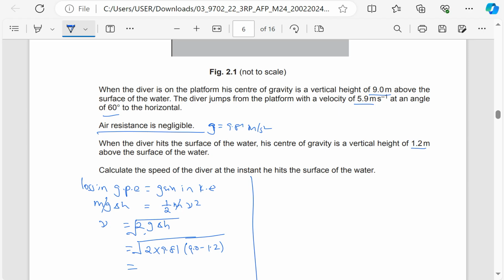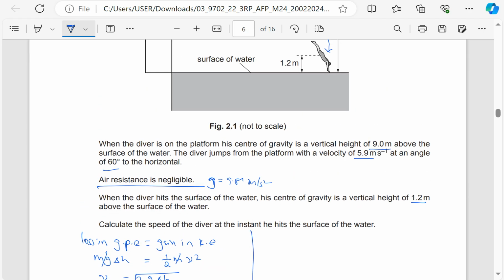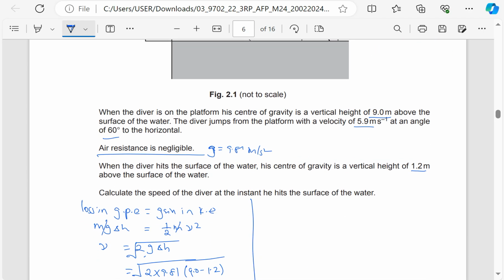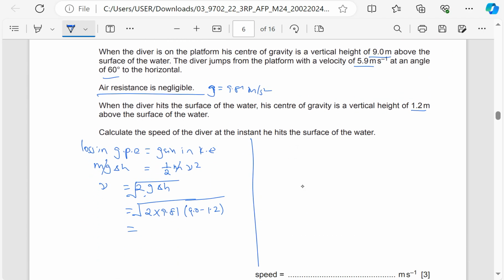There's something I've messed up here. He had a speed of 5.9 at the platform, and we want the speed at this point. So here it is going to be the change in v squared, because that is the gain in kinetic energy. So this is not going to be correct.